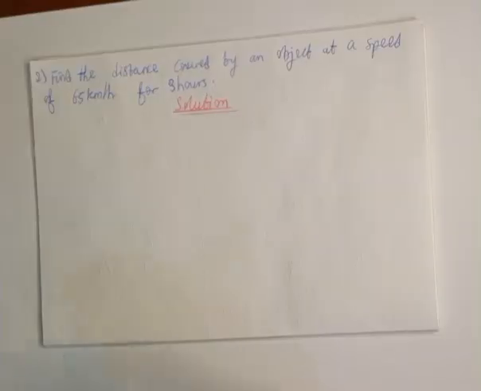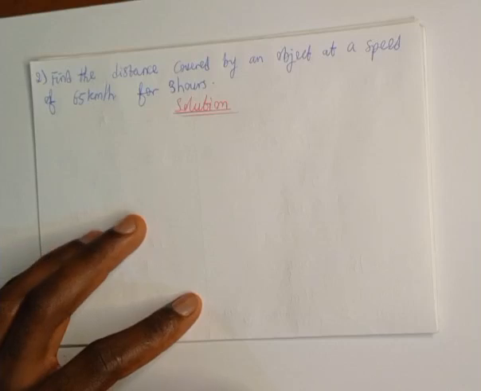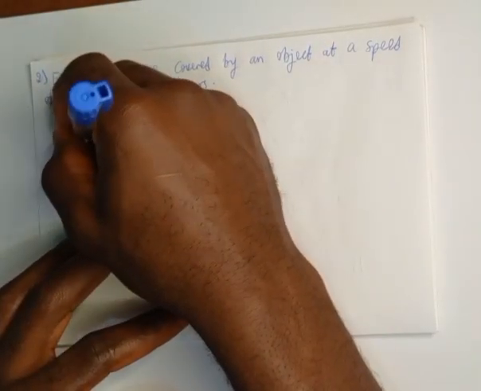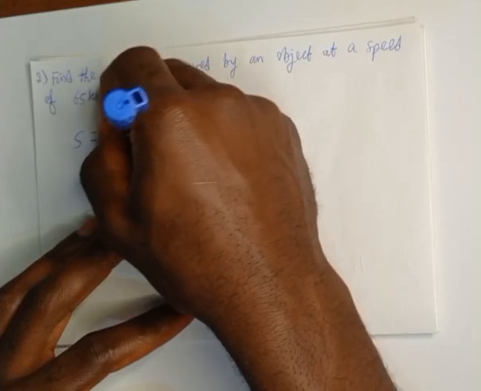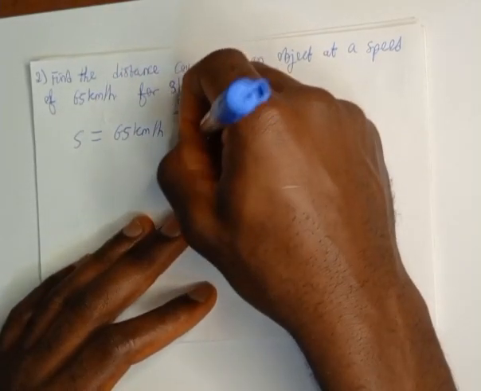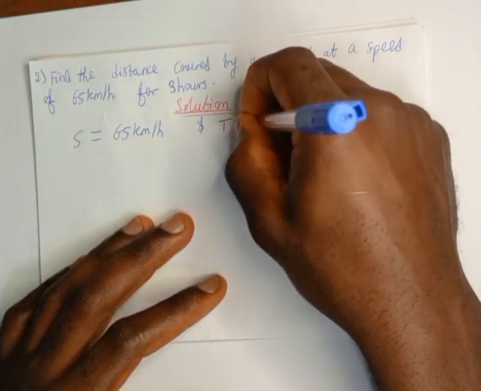Solution. For us to answer this question, we are going to start by writing out what we have been given in the question. The speed of the object has been given as 65 kilometers per hour, and the time taken has been given as 3 hours.